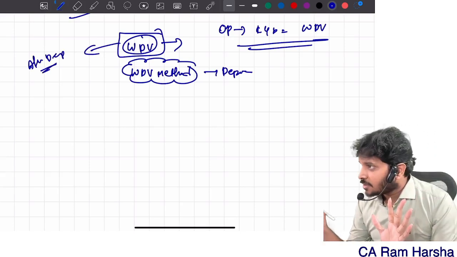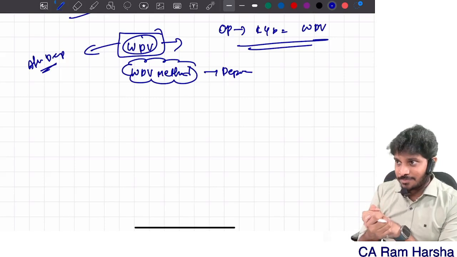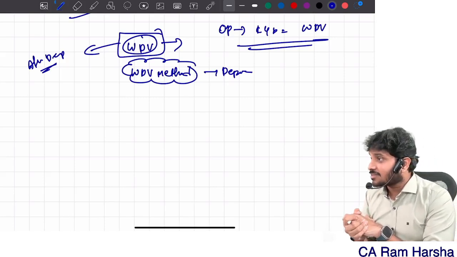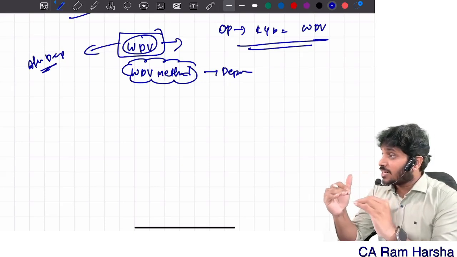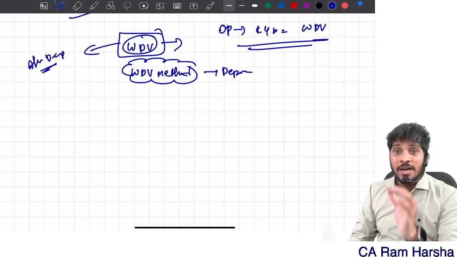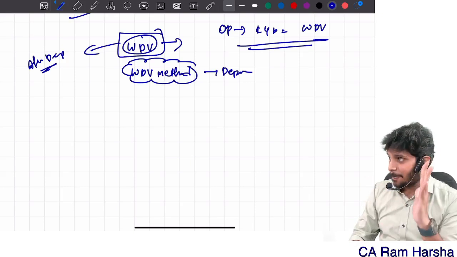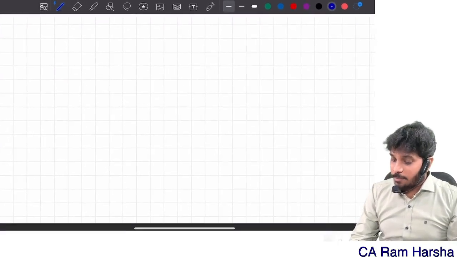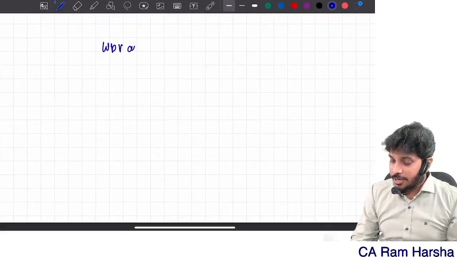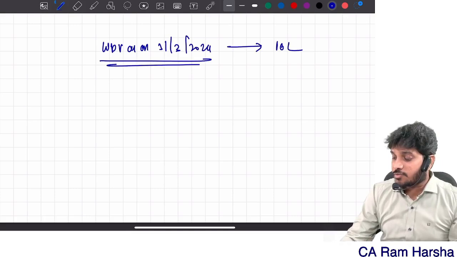But in income tax, written down value means before depreciation, that too under the block of asset approach. Suppose in the problem they give WDV as on 31st March 2024, 10 lakhs.